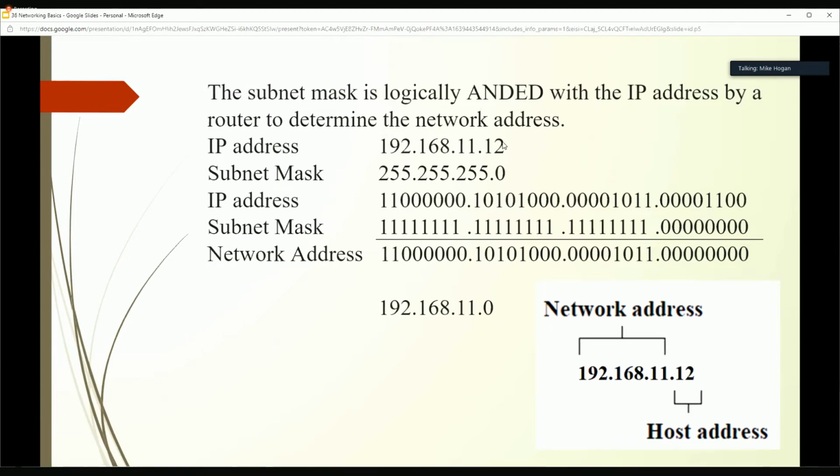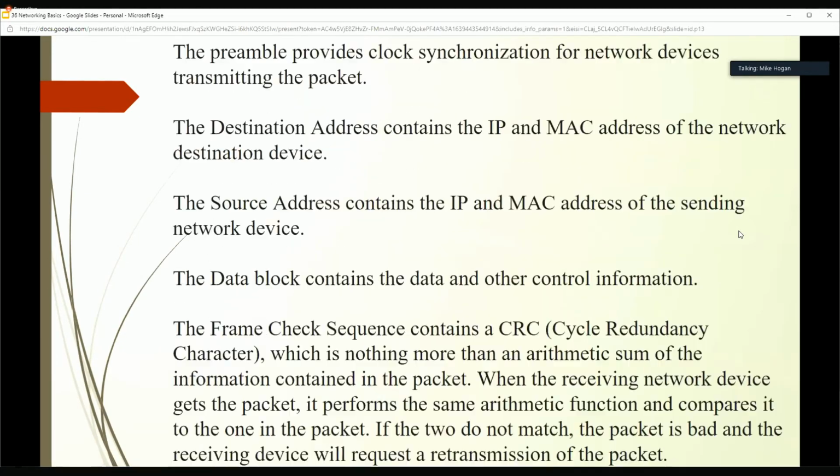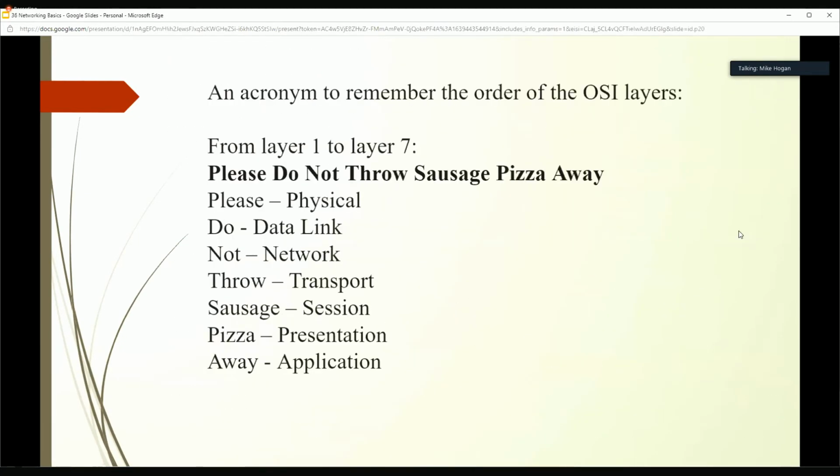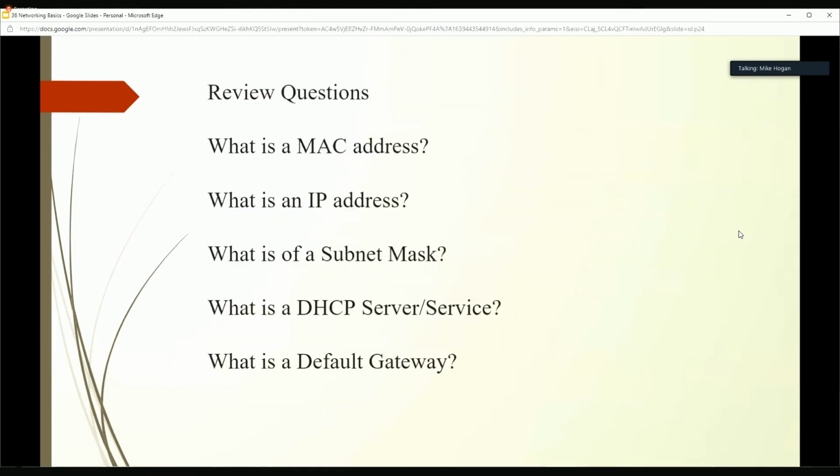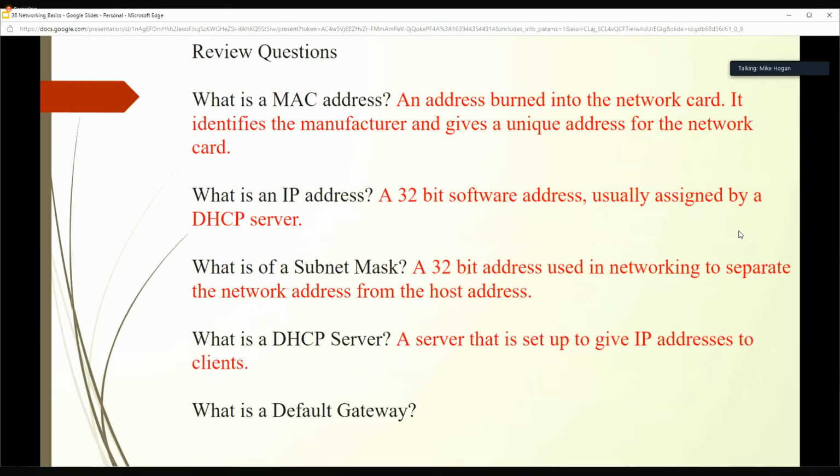Now, I give you that additional information, not to confuse you, just to let you know that this subnet mask, it's all about identifying which bits represent the network and which bits represent host. Anywhere I have 1s, those are network bits. Anywhere I have 0s, those are host bits, right? So that's what our subnet mask is going to do for us, is identify network and hosts.